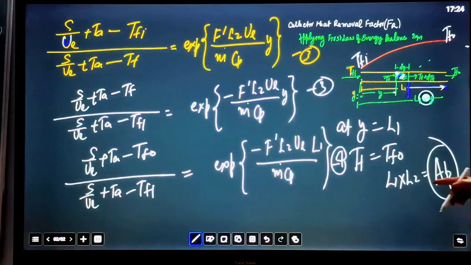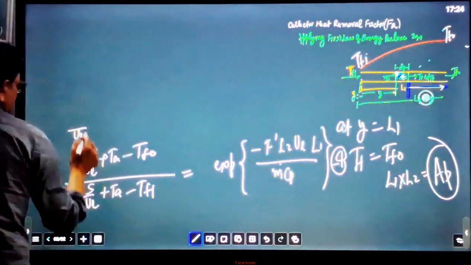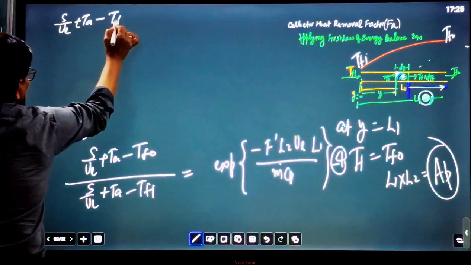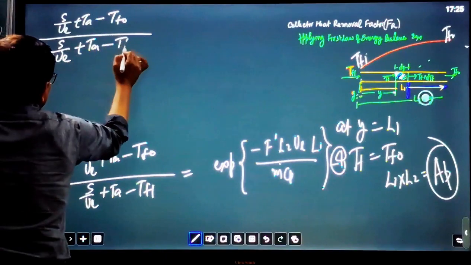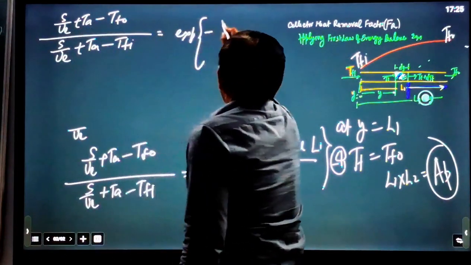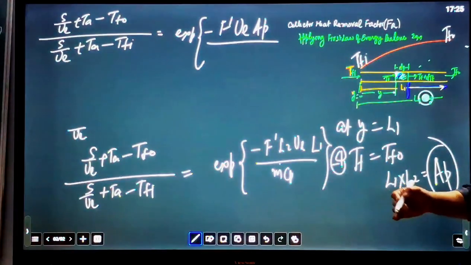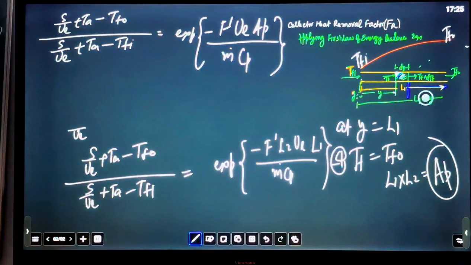So this equation becomes (S/UL + TA − TFO)/(S/UL + TA − TFI) equal to exponential of minus F' UL AP/(m dot Cp), where m dot is the mass flow rate.